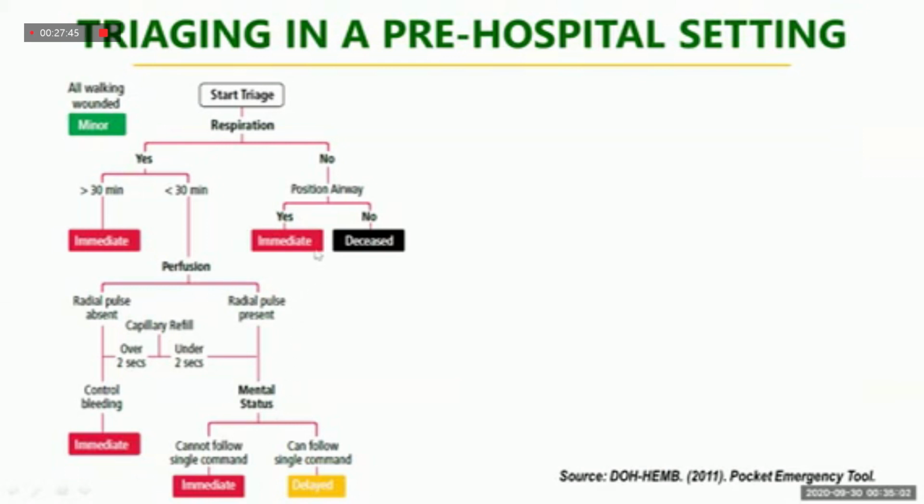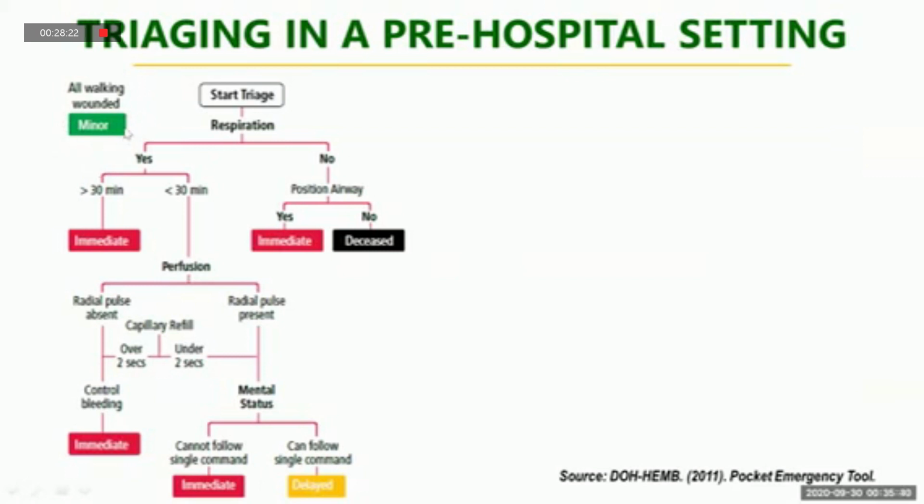Our priority is to provide care immediately for those who are tagged as red, followed by yellow. Last would be your green, and eventually the last or the least to be extricated from a disaster would be those tagged as black. As you can see here from the triage in a mass casualty setting, how do you separate your green?